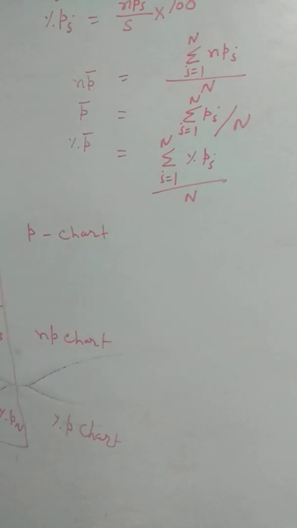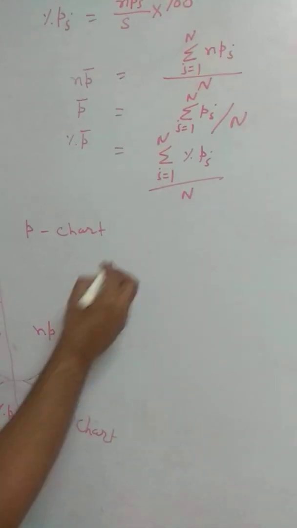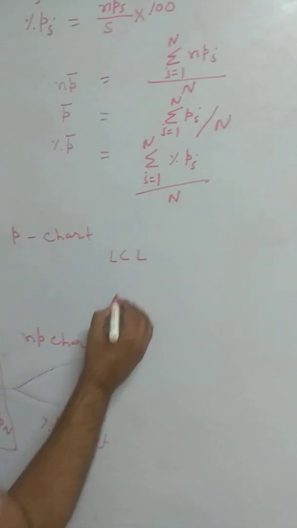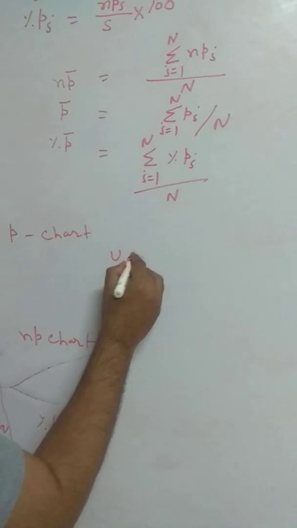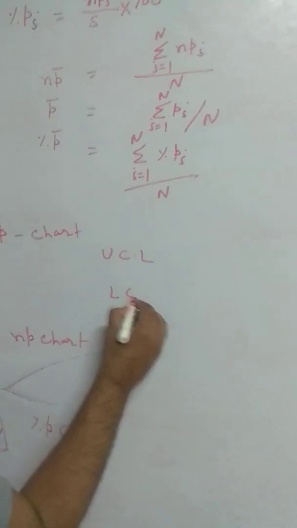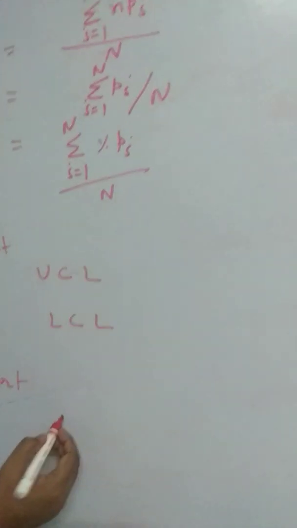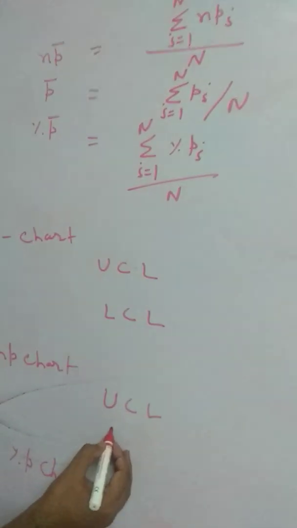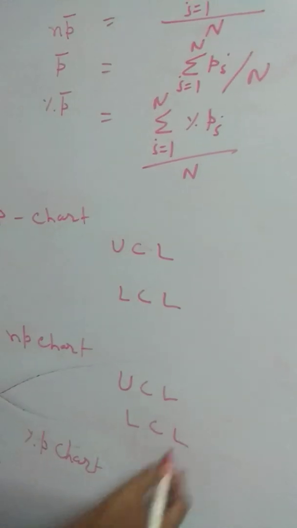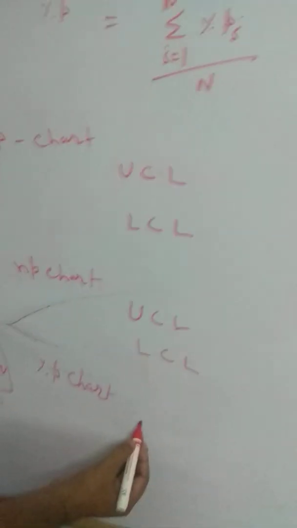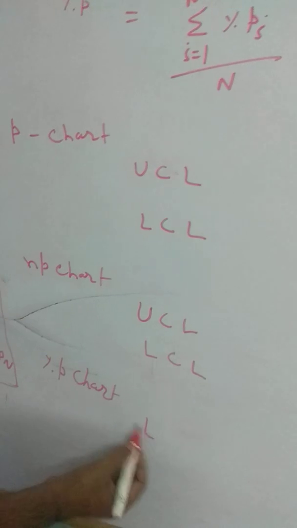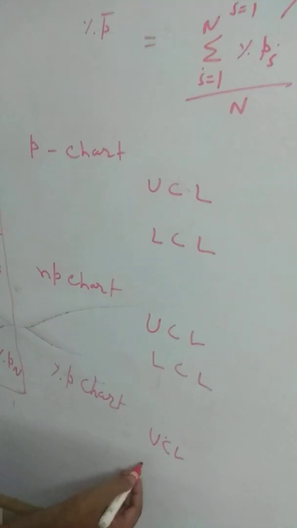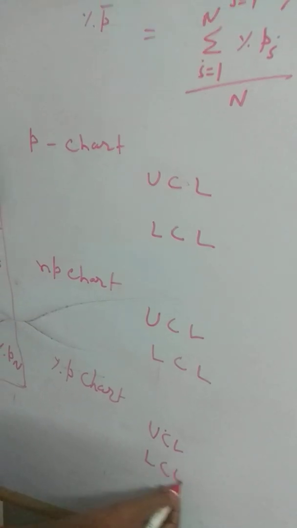For each chart, the thing to compute is the UCL and LCL. Here also we need to compute the UCL and LCL for this chart also. Okay.